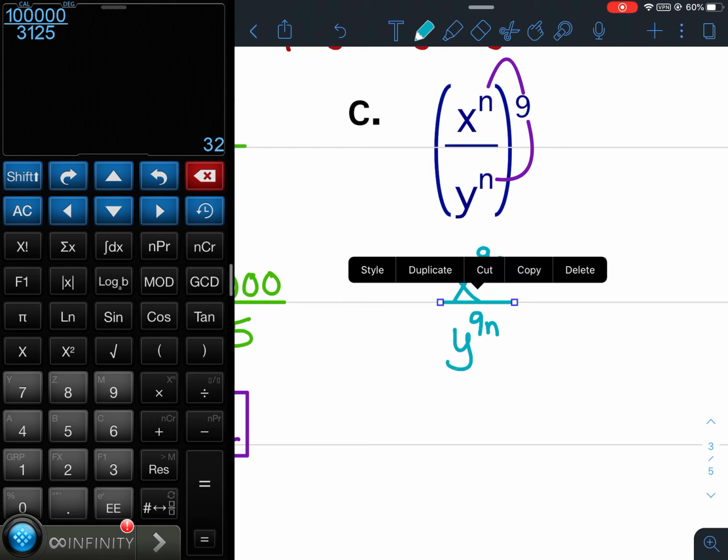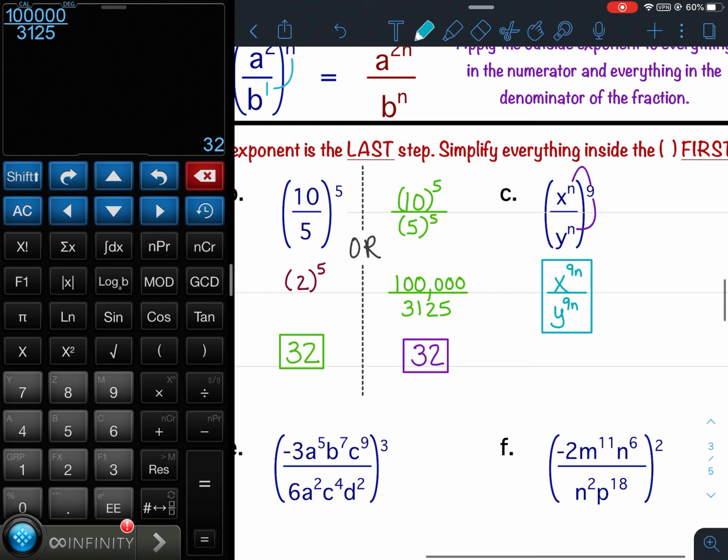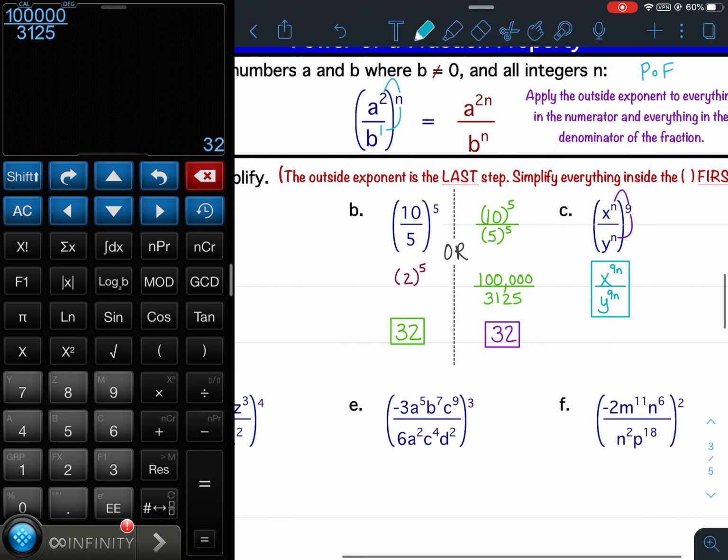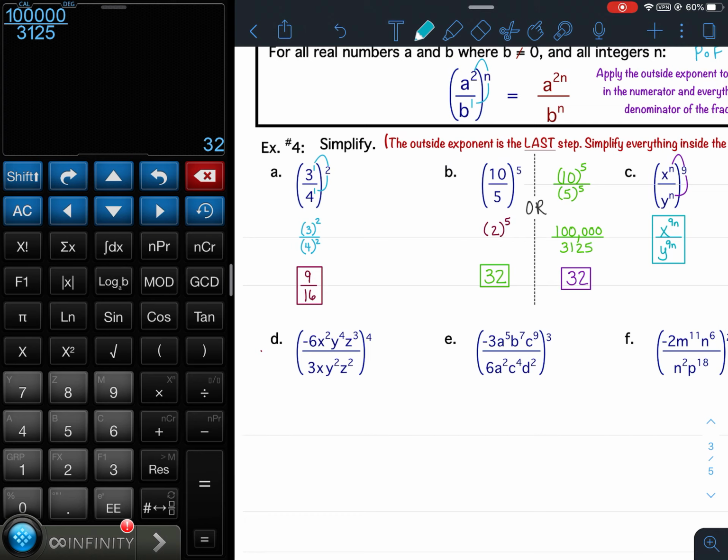And again, these bases are different, so I can't simplify. That means that's all the farther I can go in this problem. Okay. So for each of those, I simplified what I could on the inside, and then I applied the outside exponent.